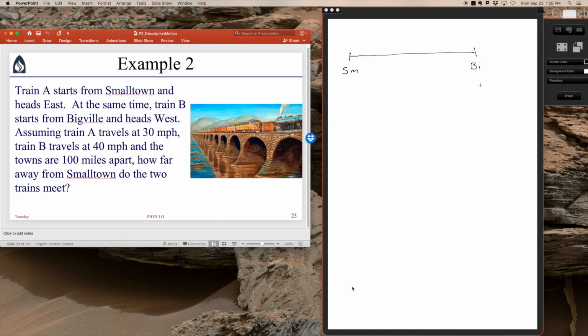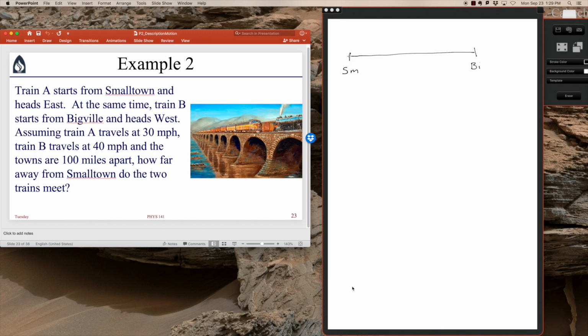And one thing I should really do, and do whenever I'm doing a problem like this, is to figure out my coordinate system. So in this case, all of the motion is in just one direction, which I can call x, but I have to figure out where the origin is, where my x is equal to 0. So I'll choose Smalltown as being the origin of my coordinate system.